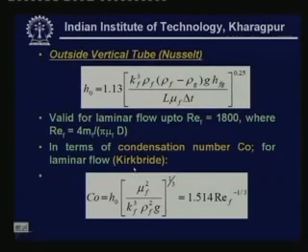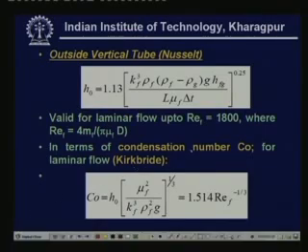Again, Nusselt has suggested an analytical expression for condensation outside vertical tubes. So, this also looks similar in form to the earlier expression. Again the nomenclature is same. This is the thermal conductivity of saturated liquid. Here f stands for saturated liquid and g stands for saturated vapor.